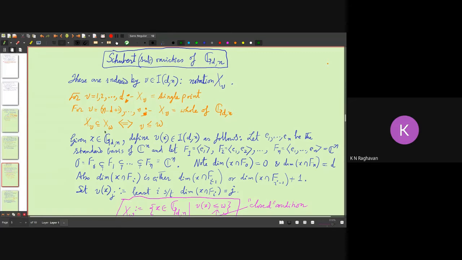It will also turn out that the Schubert variety corresponding to v is contained in the Schubert variety corresponding to w if and only if v is less than or equal to w in the sense defined. That is, v_1 is less than or equal to w_1, and so on, up to v_d less than or equal to w_d. Okay.